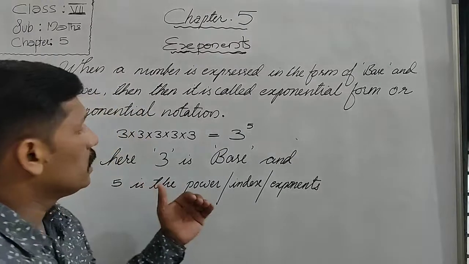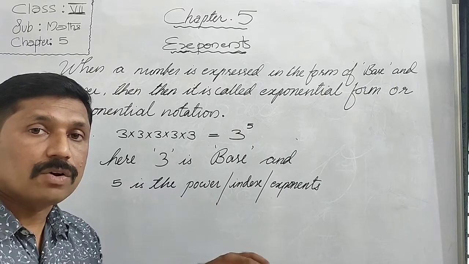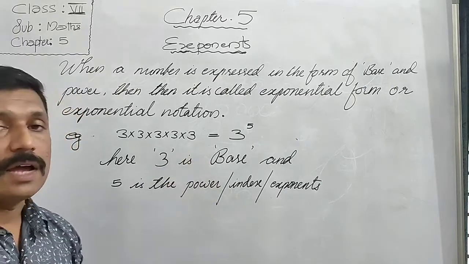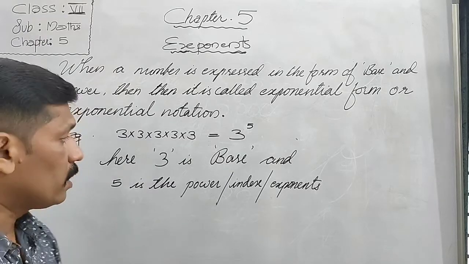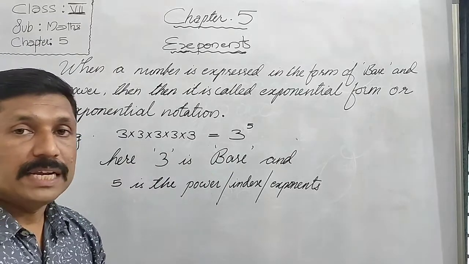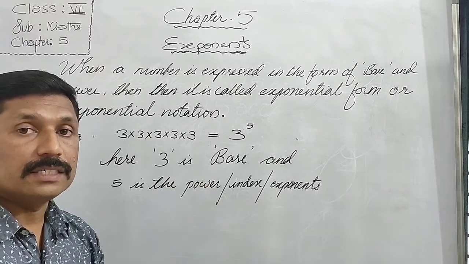So I have told that a number that is multiplied to itself many times is called the base, and how many times that number is multiplied is the power. Or if a number is multiplied to itself 10 times, then that number is the base and 10 is the power.